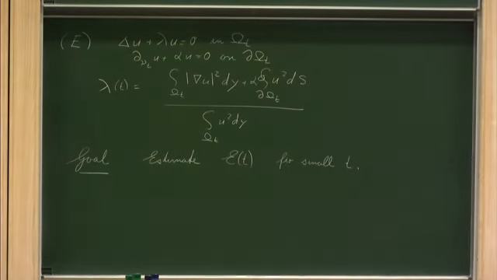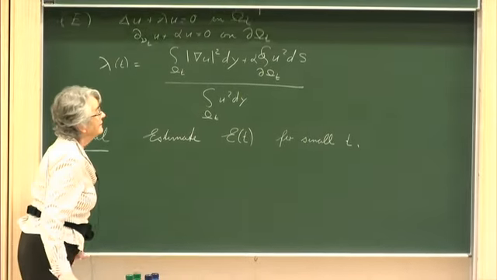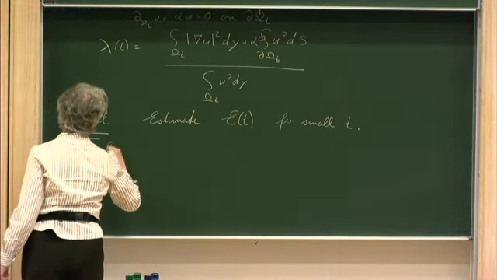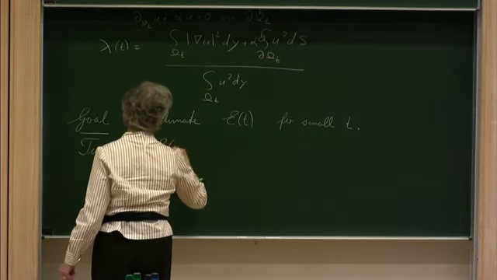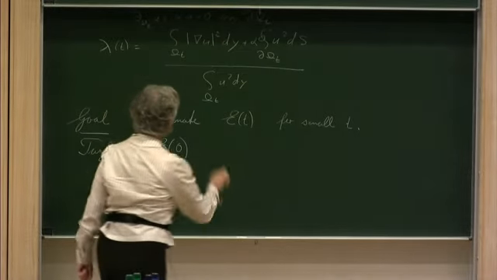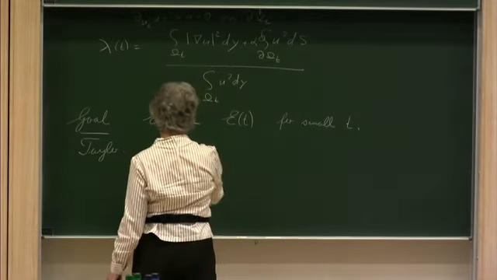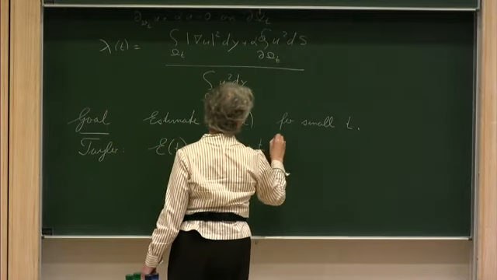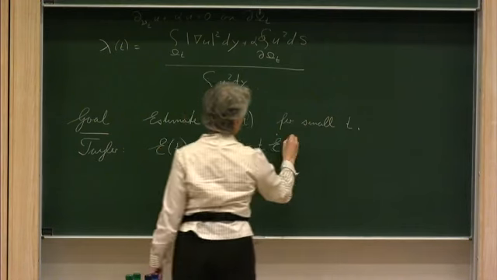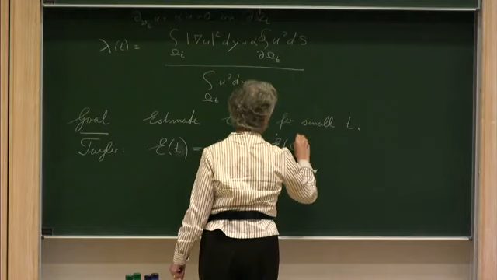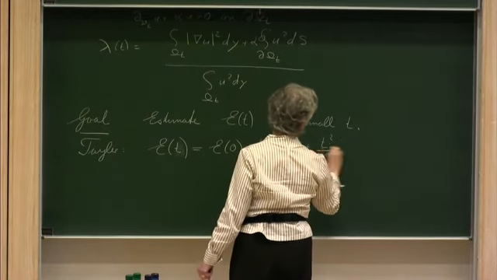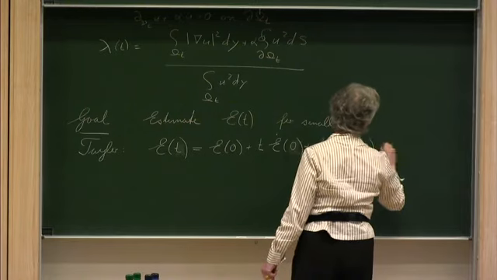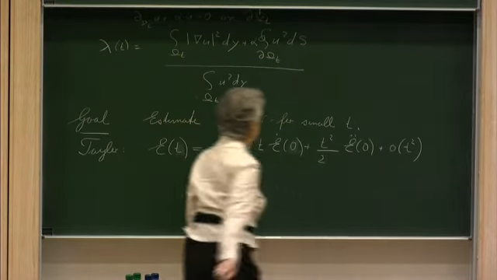Now the idea is very classical. One can use a Taylor expansion. So by the Taylor expansion, provided everything is differentiable, E of t is equal to E of 0 plus t times the derivative of E at 0 plus t squared over 2 times the second derivative of E at 0 plus small order terms.